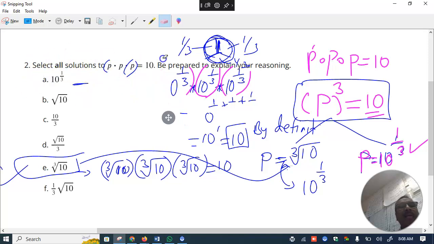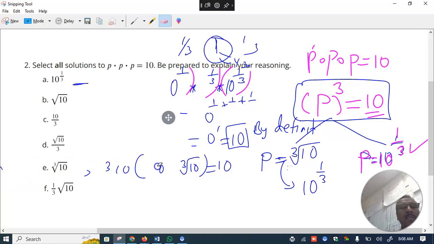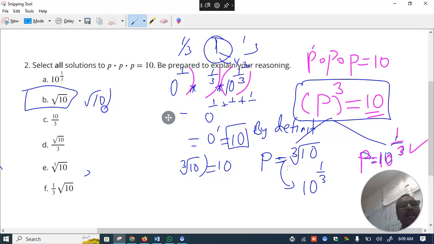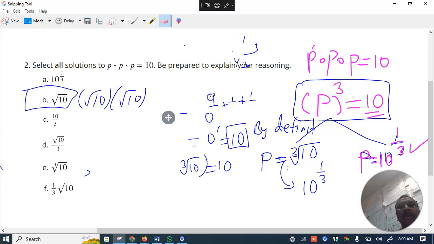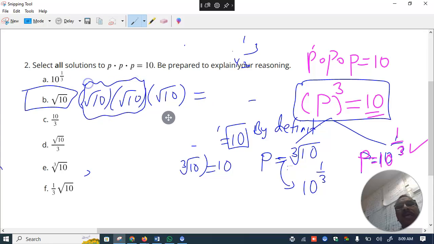Okay, and you can see B, if I want to know why it cannot be the answer. So the question is why this is wrong, because if I multiply this by itself 3 times, the first two will give you, look at this, just a 10.